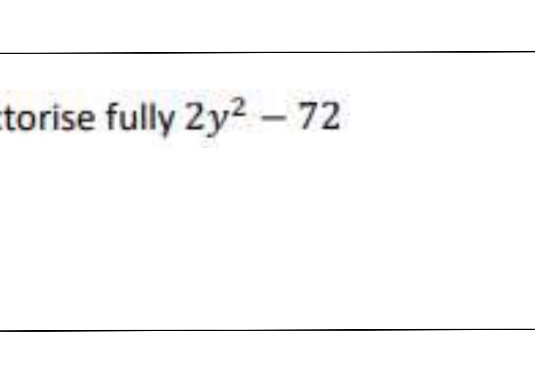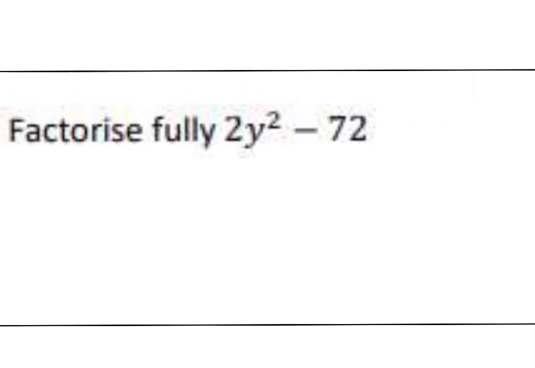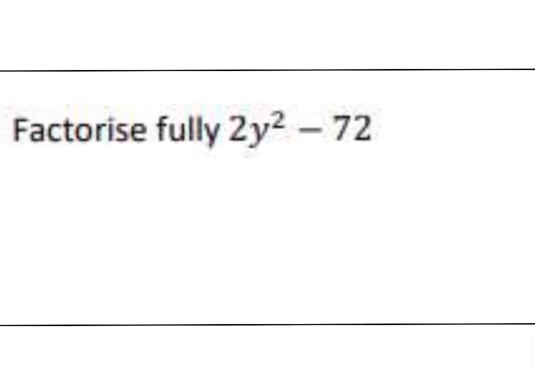Now number 3, 2y squared minus 72. Check for the highest common factor. Do we have a common factor? 2y squared and 72. 2 and 72 are divisible by 2, because they are even numbers. So we have a common factor, which is 2.